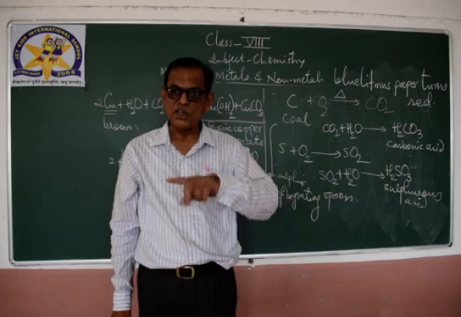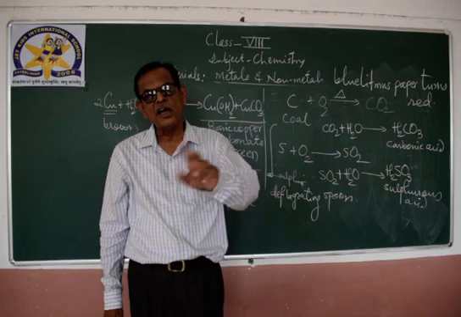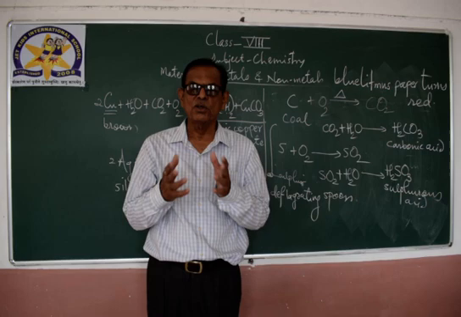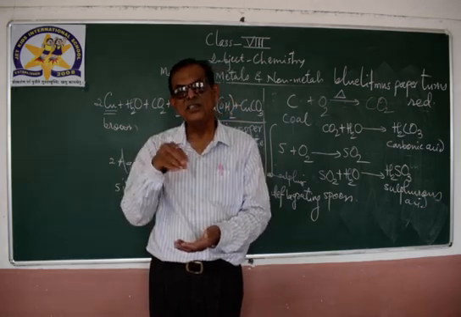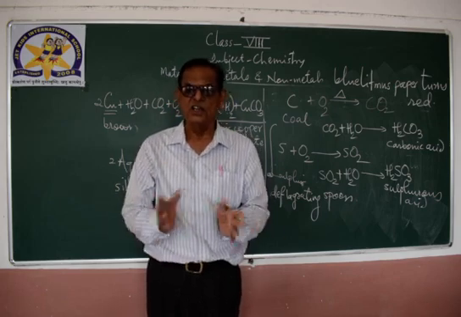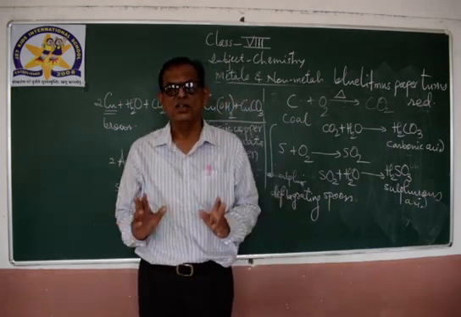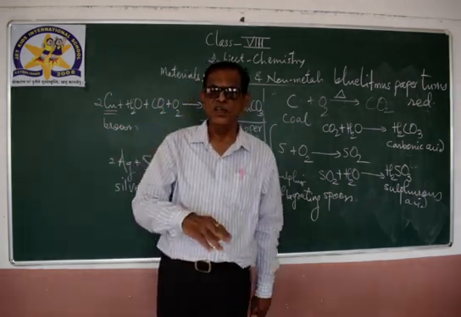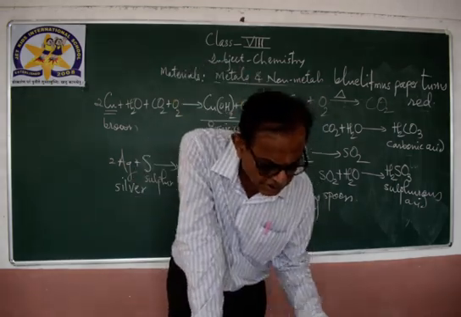Sodium and potassium are stored in kerosene, while phosphorus is kept inside the water in order to avoid its oxidation, its reaction with air and moisture, particularly air, because it starts burning in air, and therefore we keep it under water. So this is about the next point.